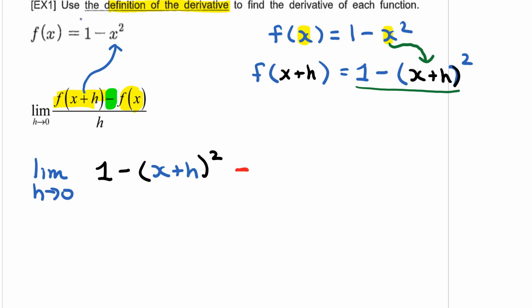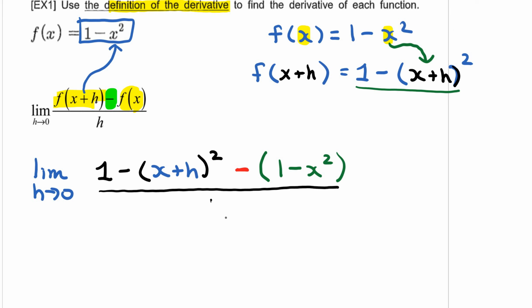So our original function is all of that. I'll put a bracket around that, 1 minus x squared, close the bracket, and then I divide by h. So there we go. This is why we're plugging functions into this formula, and that's how the definition of the derivative works.